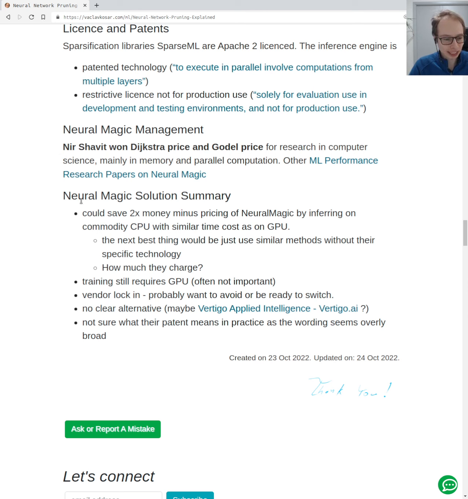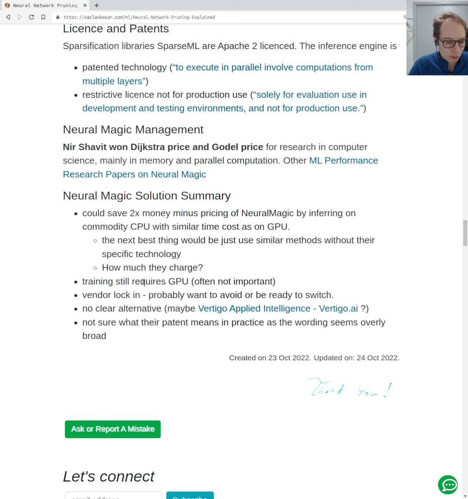So in summary, there may be a potential for you to save 2x money. I will still be looking at this. I haven't fully tried out everything here or understood all the alternatives.